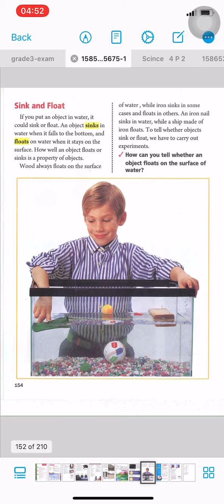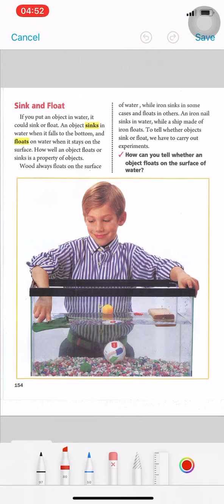When any object falls to the bottom of the water. But other objects such as a plastic bottle, balloon, or ball float in the water. So what's float? When an object stays on the surface of the water, it is called float.